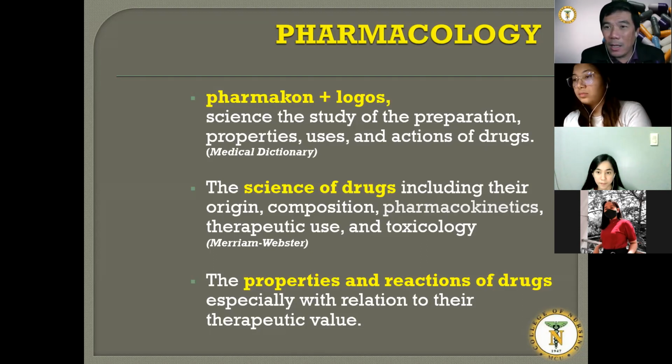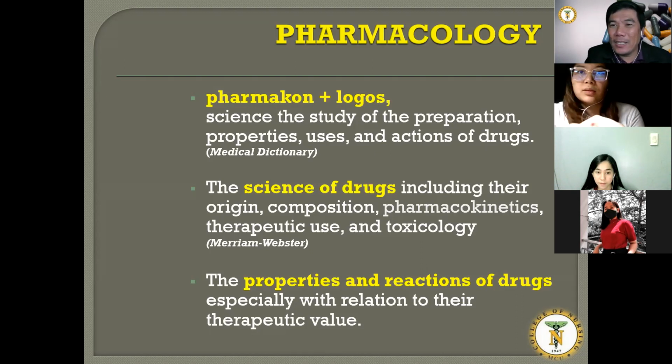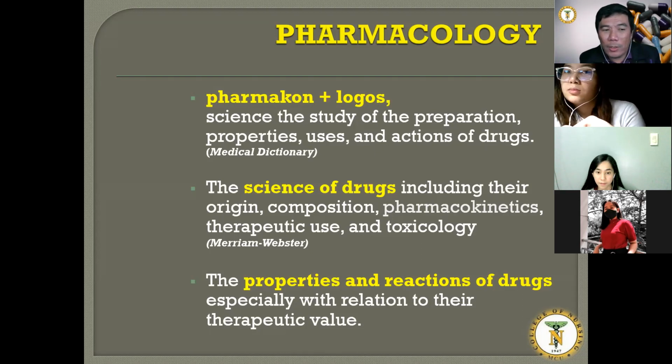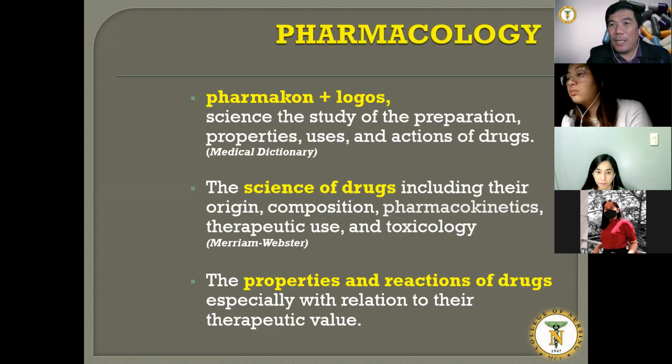Science is defined as a systematized body of knowledge. Do you agree with me? It's a systematized body of knowledge. That's why usually when we encounter science, it always includes experiments. The analysis and critical thinking that are expected in science is mainly on the experimentation.